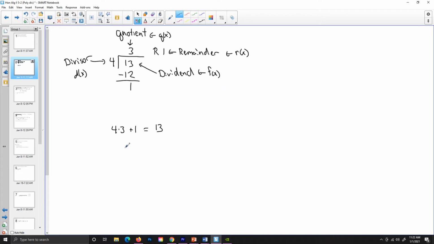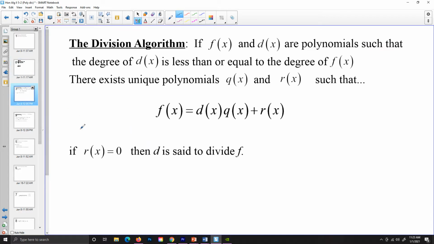And if we do that, we get d of x times q of x plus r of x equals f of x. And that is what we have right here in the division algorithm. So this division algorithm is nothing more than the long division that you learned in third grade. We are going to apply that to polynomial expressions, not just numerical values.